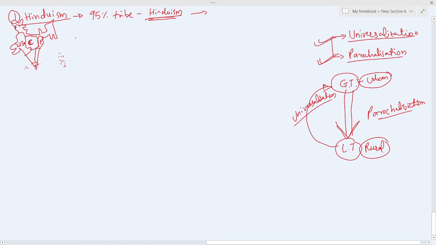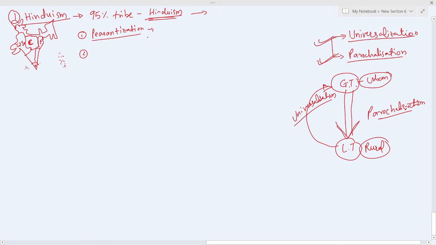Now, how did these people, the tribals, come in contact with Hinduism? The process includes peasantization. As the economy started getting monetized or market economy started, the need for money increased, and hence the tribals started working as peasants on the big zamindars' farms, and hence peasantization started.